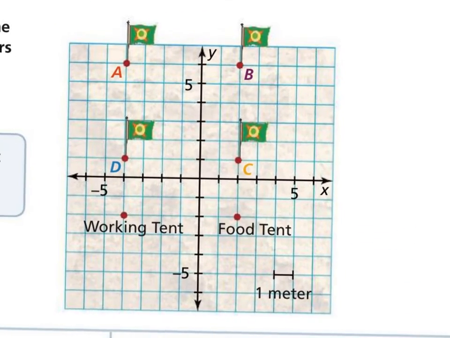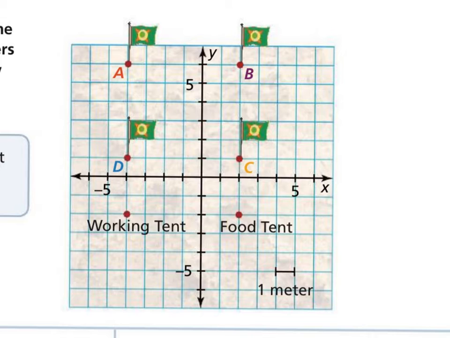Alright, so what we can do here is we're just finding the rope that needs to go around this thing, so really finding the perimeter of the rectangle here.